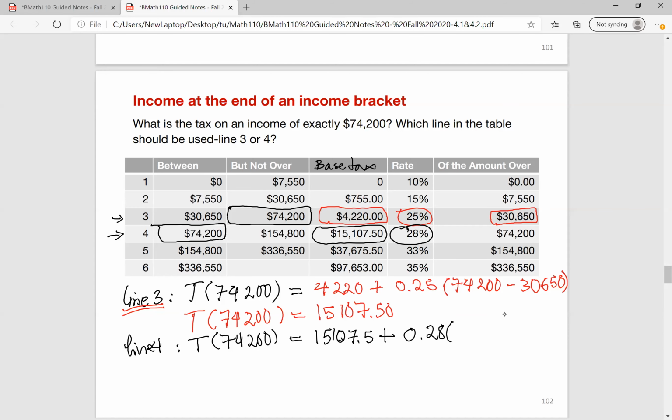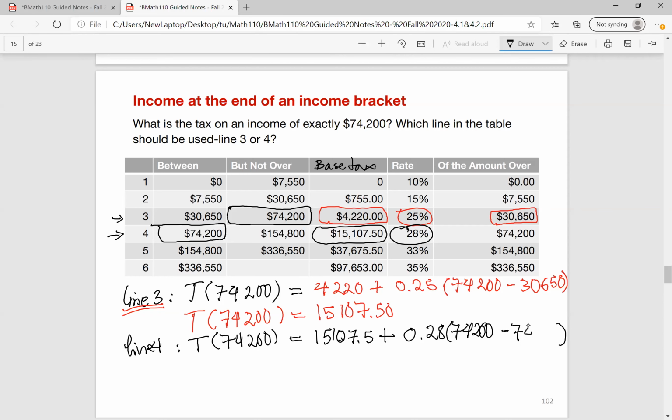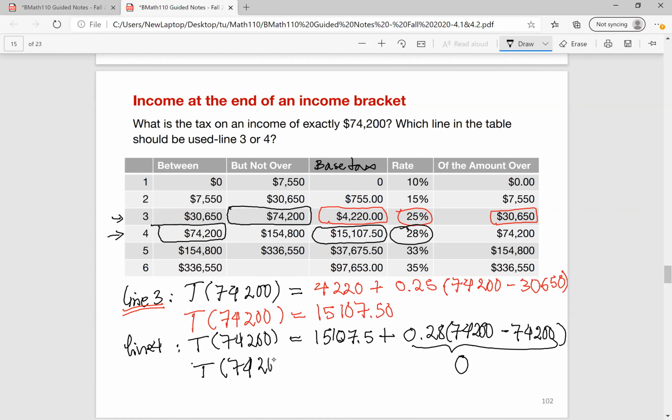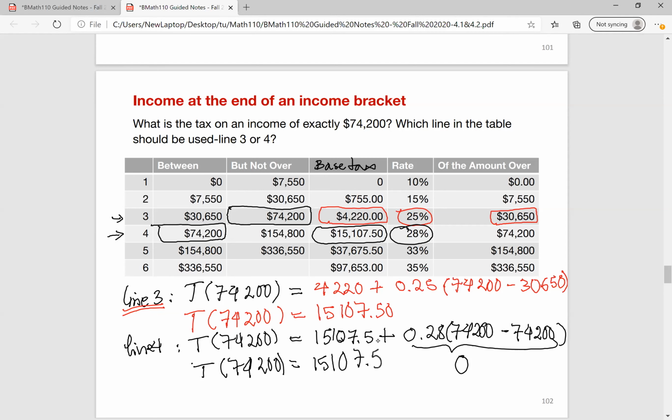And then you multiply it with the amount over, so you take 74,200 and subtract itself because it is the lowest amount of this level. So this will be equal to 0, right? And so T of 74,200 will be equal to 15,107.5.